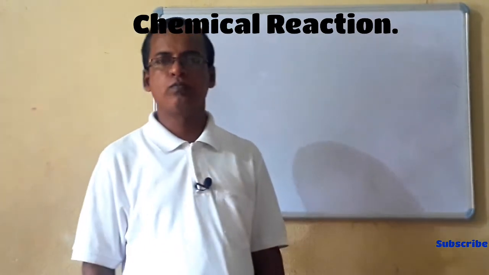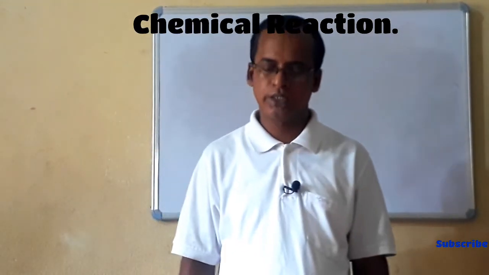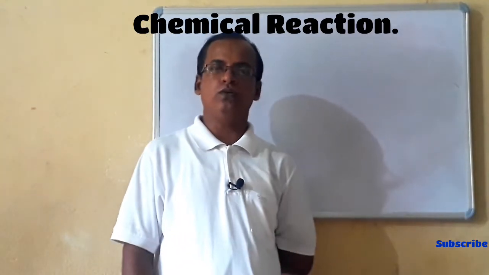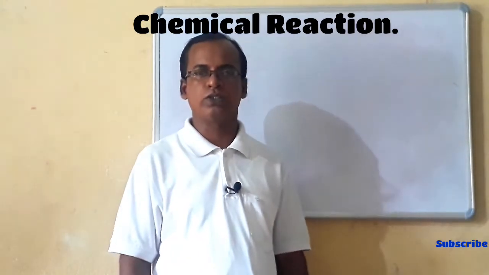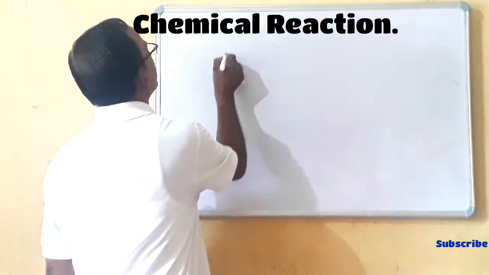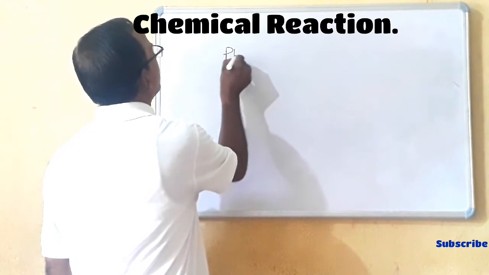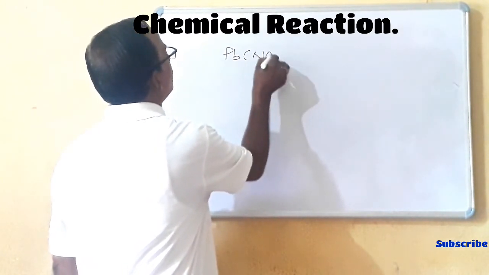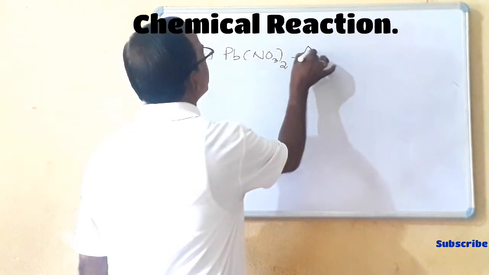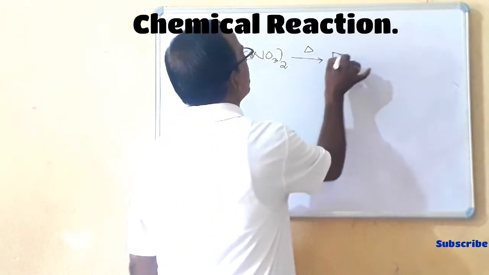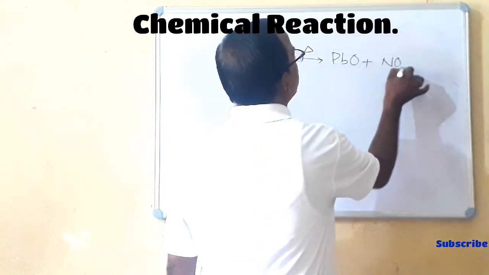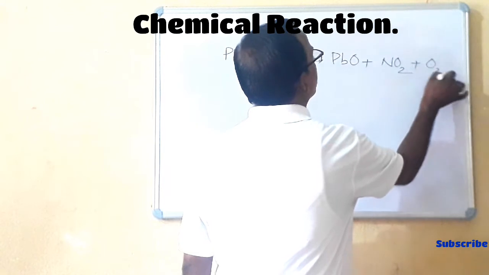Lead nitrate on decomposition, that means when it is heated, produces lead oxide plus nitrogen dioxide and oxygen. Lead nitrate, so Pb(NO3)2, when it is heated, produces lead oxide plus nitrogen dioxide plus oxygen.